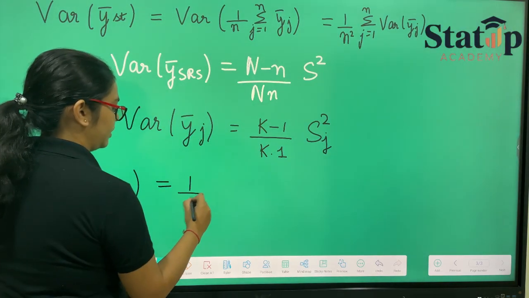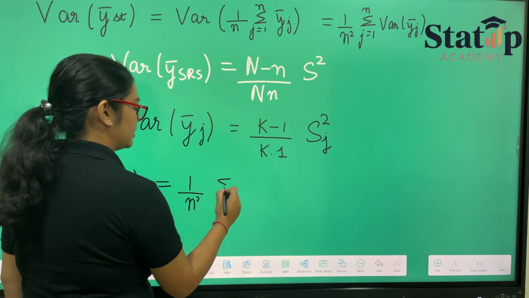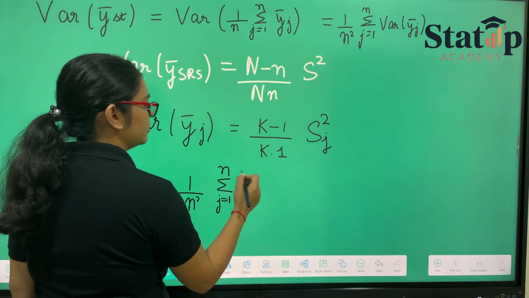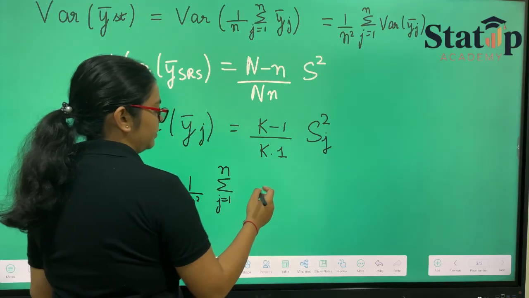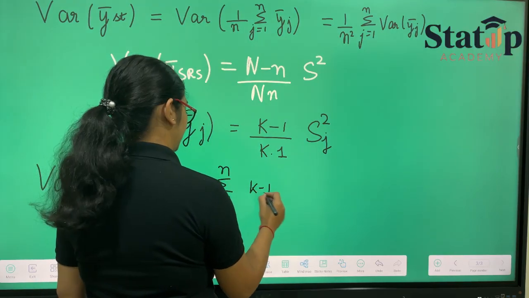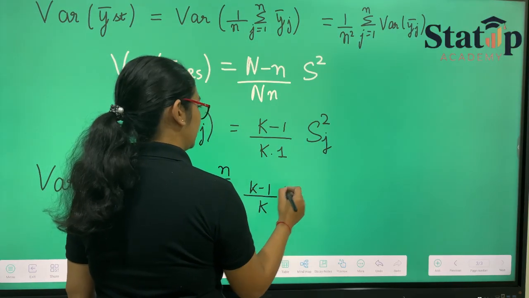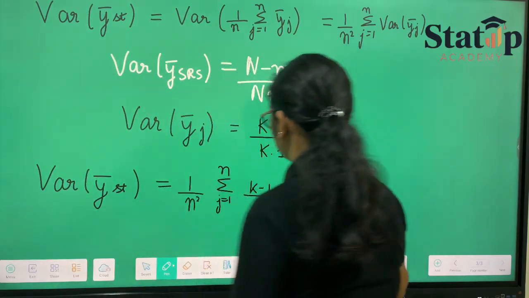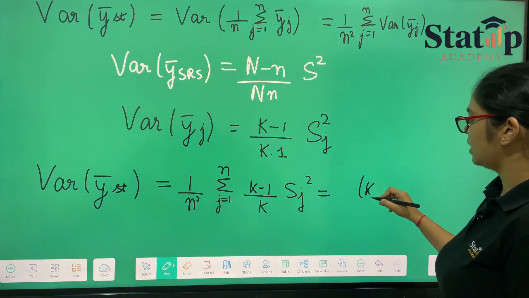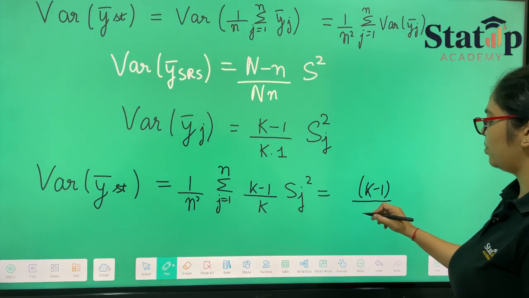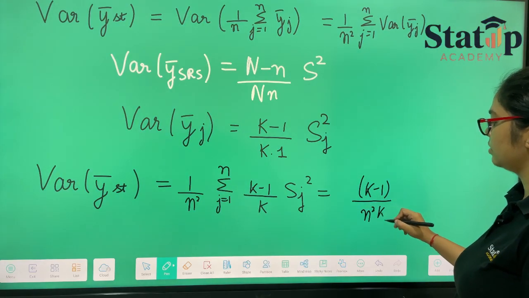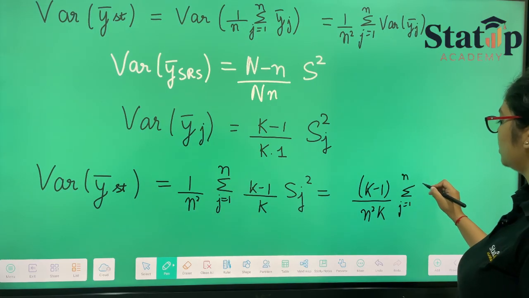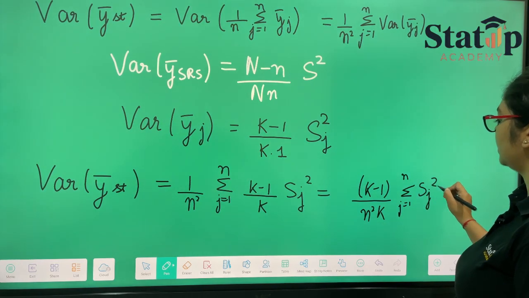it is nothing but 1 upon n square, summation j goes from 1 to n. This will be k minus 1 upon k into s j square, which can also be written as k minus 1 upon n square k, summation j goes from 1 to n, s j square.